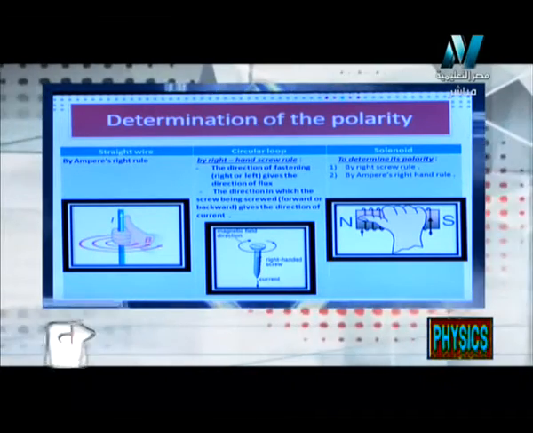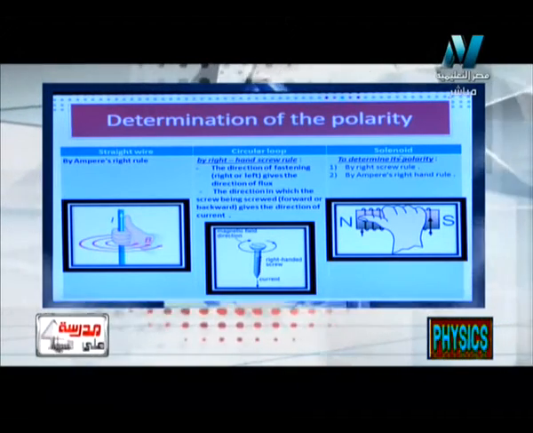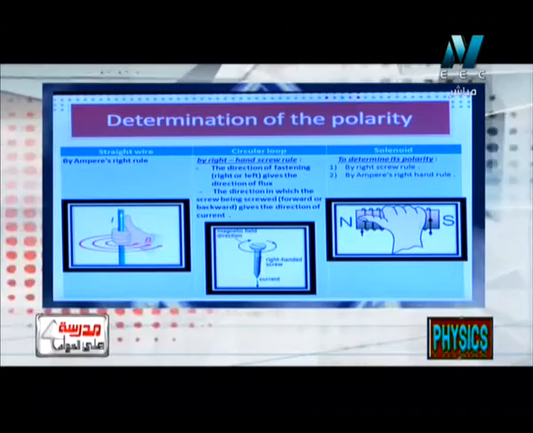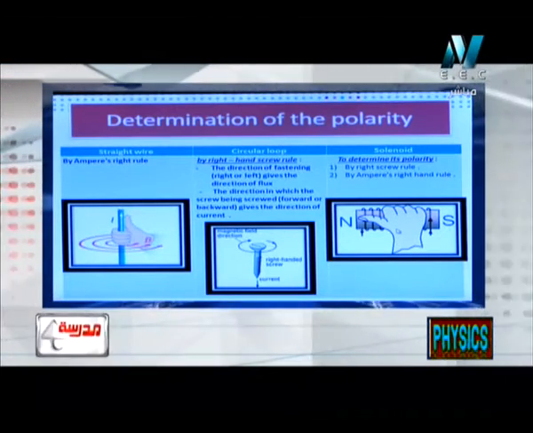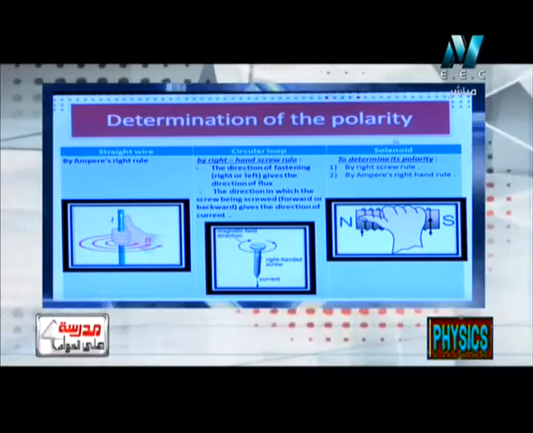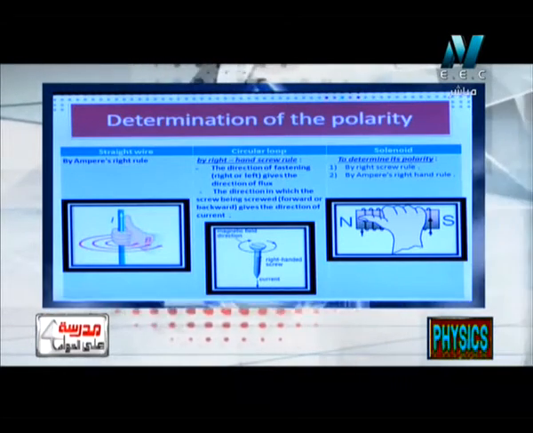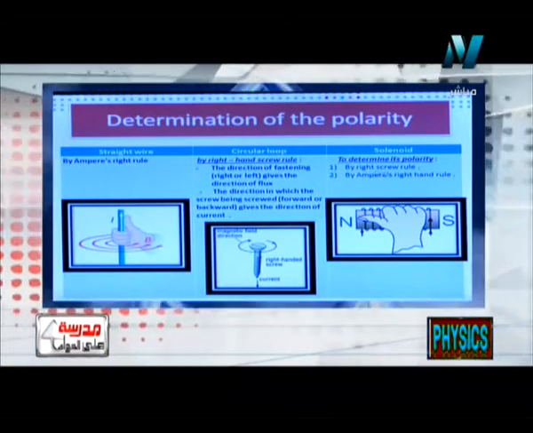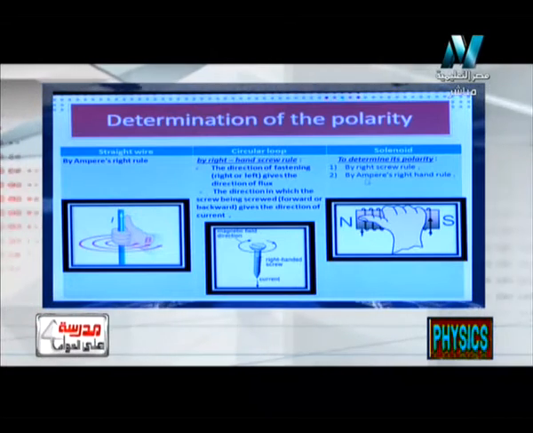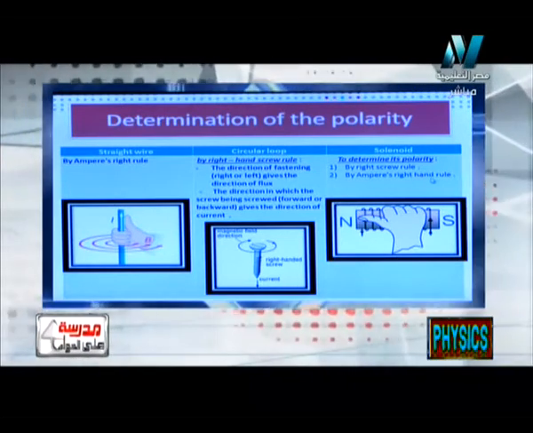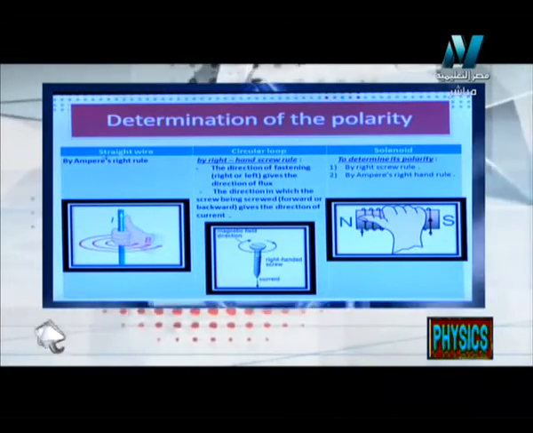But what about the polarity of a solenoid carrying a current? Of course, from the figure, you can see that we have no new rules here. For a solenoid, we can determine its polarity by the right screw rule like the circular loop, and Ampere's right hand rule like the straight wire.